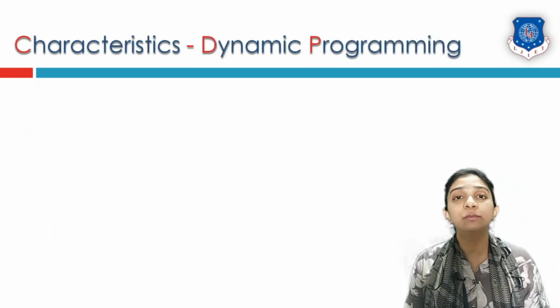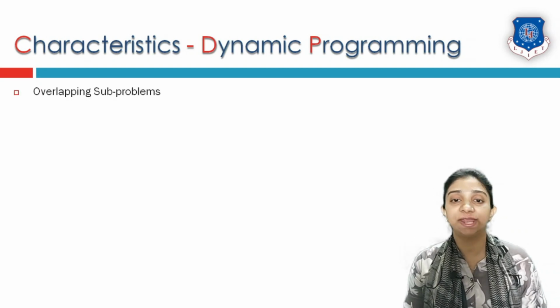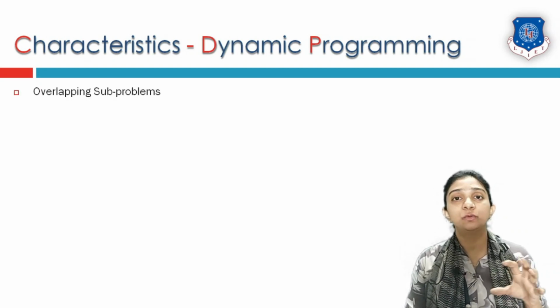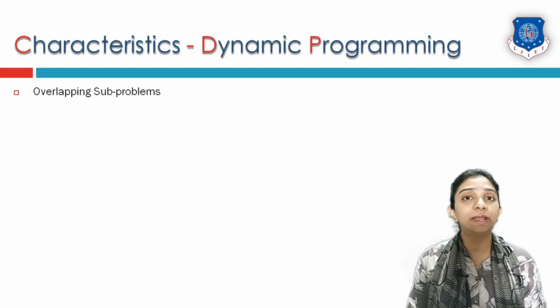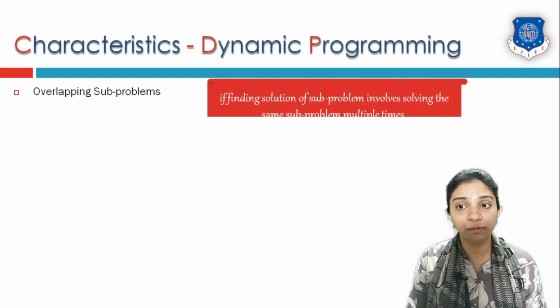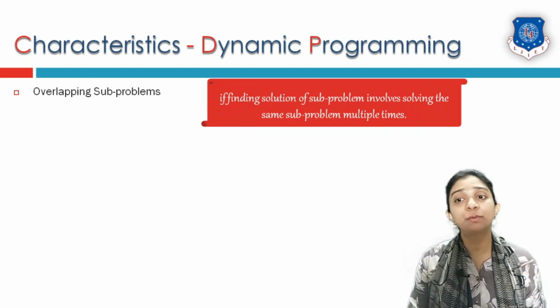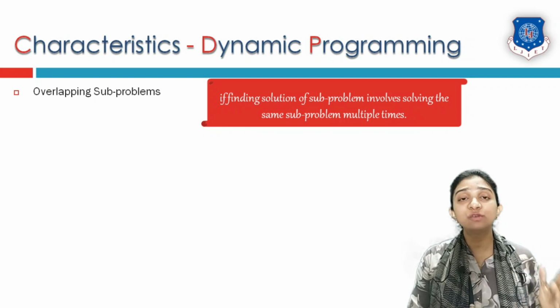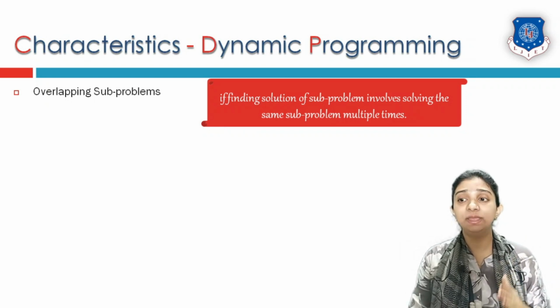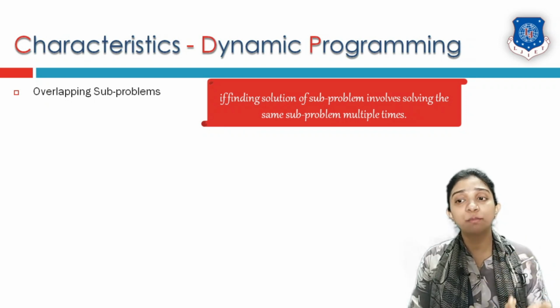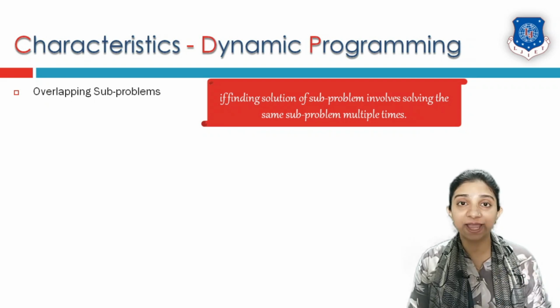Let us understand what are the characteristics of dynamic programming. Dynamic programming can be applied to a problem when there are overlapping subproblems. Now, what do we mean by overlapping subproblems? Finding a solution of a subproblem involves the same subproblems multiple times.